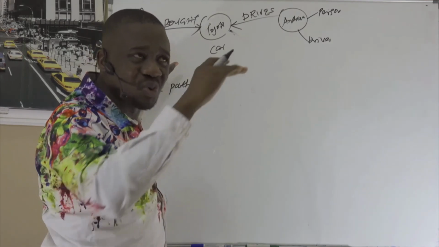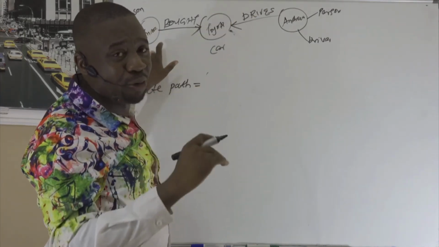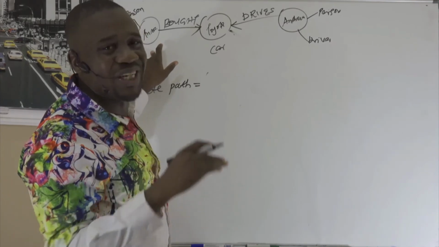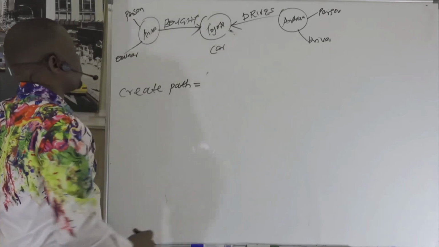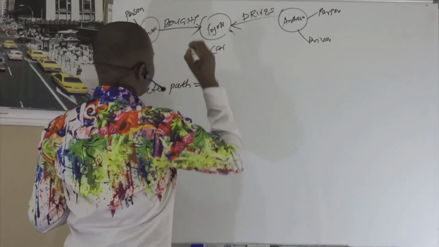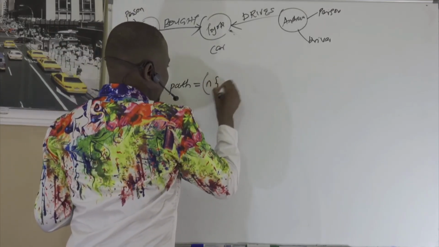Don't need to first of all say match where before you set, or create, set, whatever. No. Go straight to the point. I want this node N, for this node, what is a property?